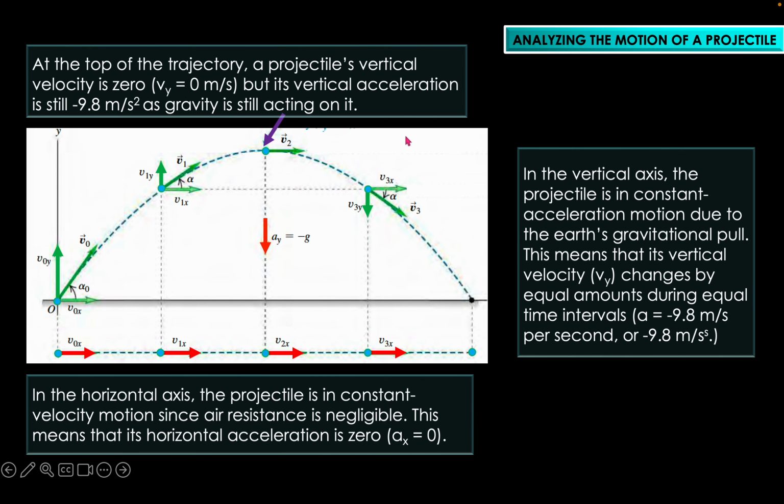Yeah, so that's it. Another point we have to make. Again, acceleration along y is equal to negative g, or negative 9.8 meters per second squared. And take note, throughout the entire trip, again and again, your horizontal velocity is constant, as shown by the constant length of all these horizontal arrows. And then take note as well that the velocity of a projectile, which is the actual velocity in the actual trajectory, is going to be the vector sum of the vertical and horizontal components of the velocity.